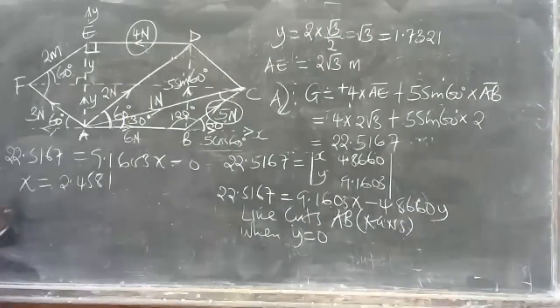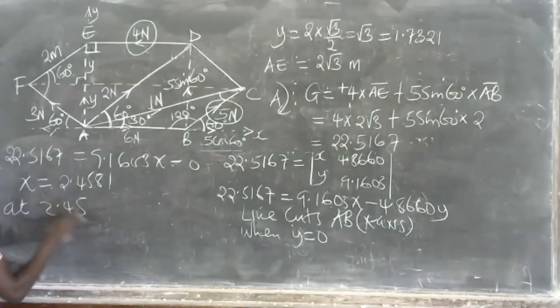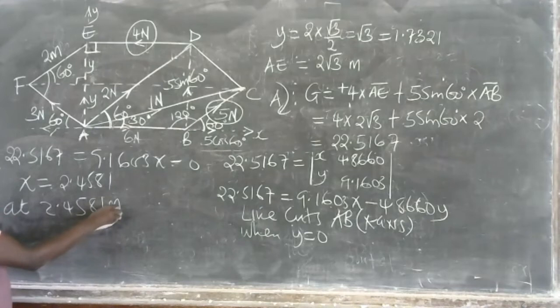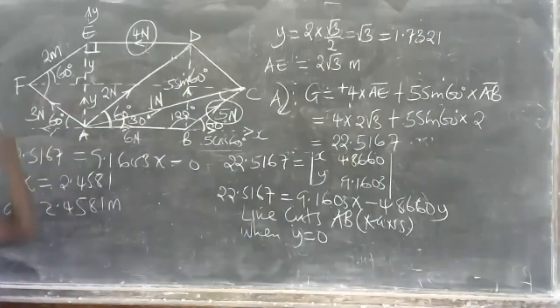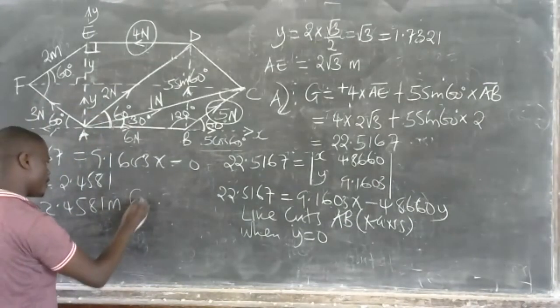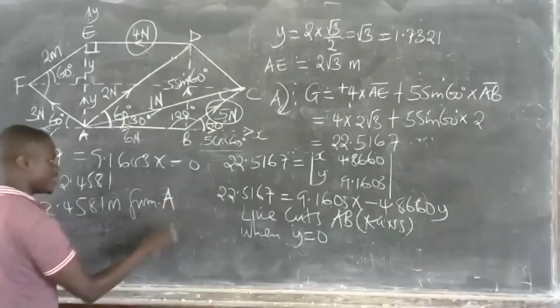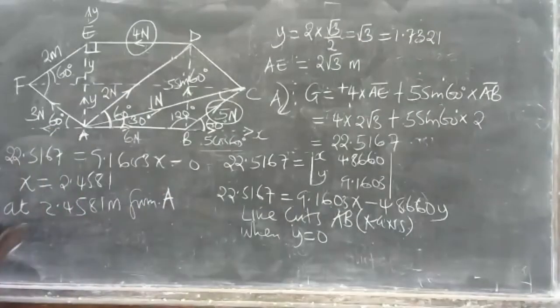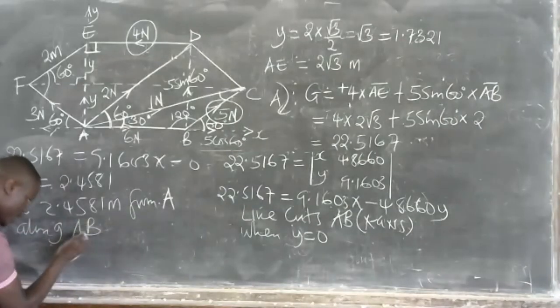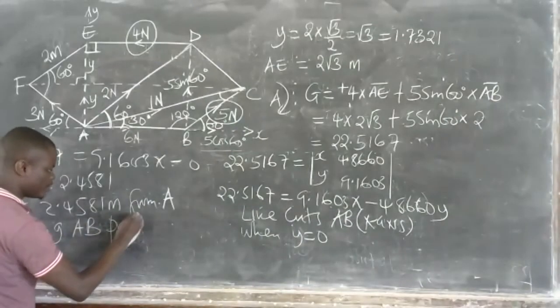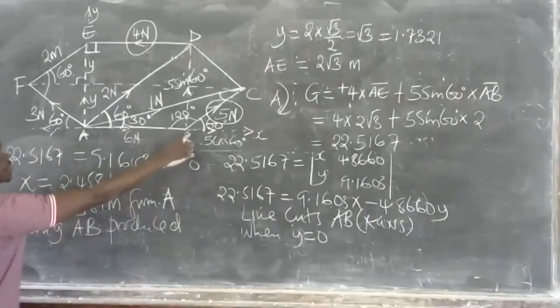So you say the resultant cuts AB at 2.4581 meters, because they gave the units as meters, from A along AB produced, meaning it's after point B.